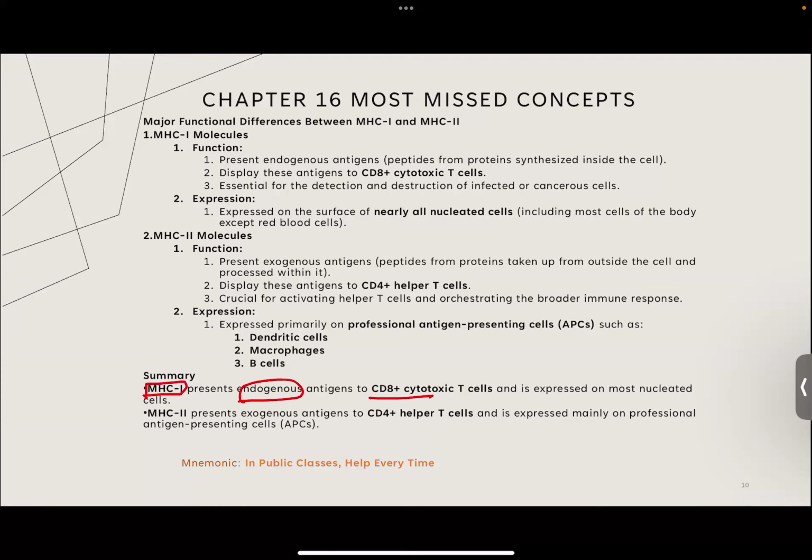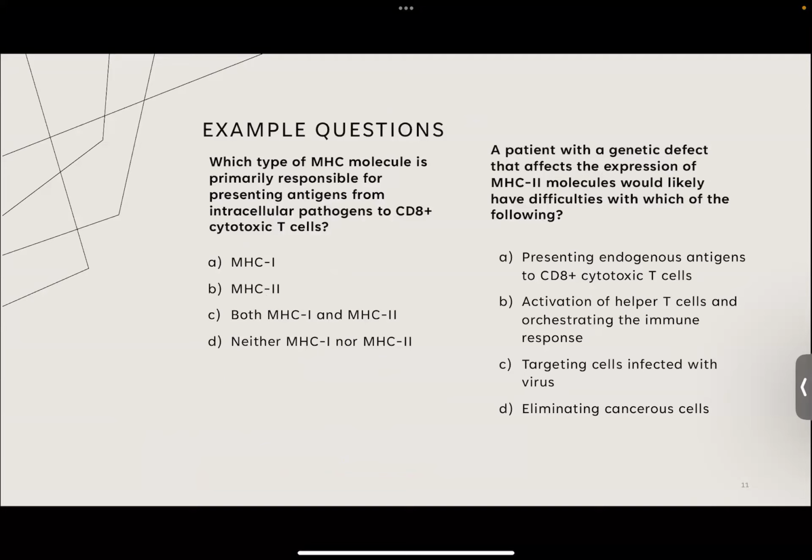MHC1, the one looks like an eye, that's the inside stuff. So endogenous, inside. MHC1 presents the inside stuff to CD8. MHC2 presents the outside stuff to CD4, period. We'll write a little note out here.